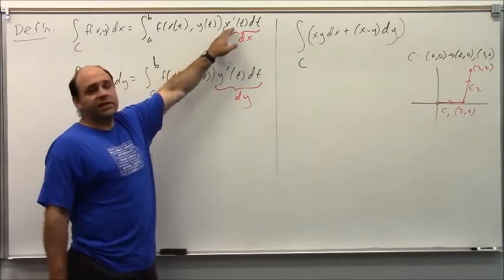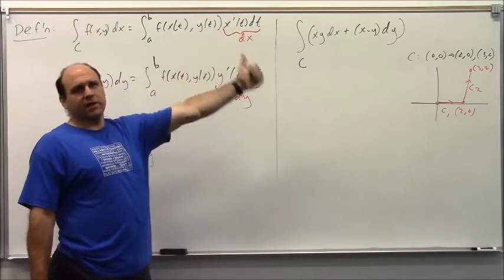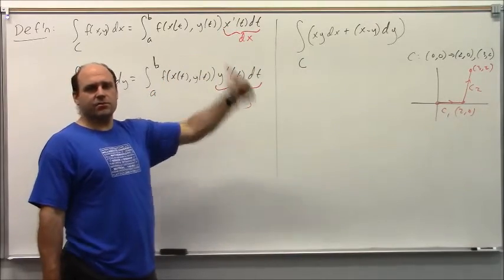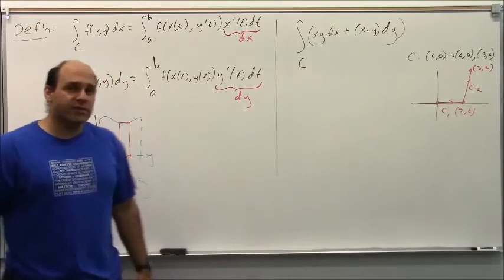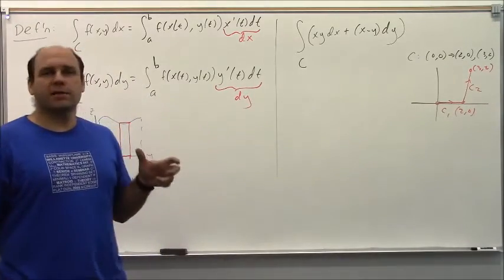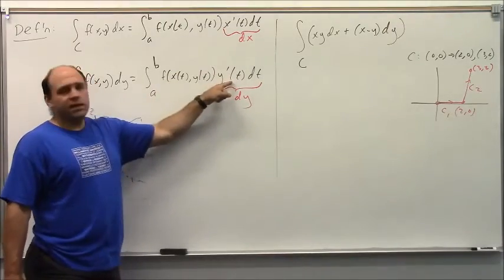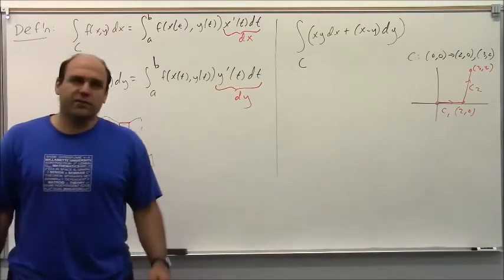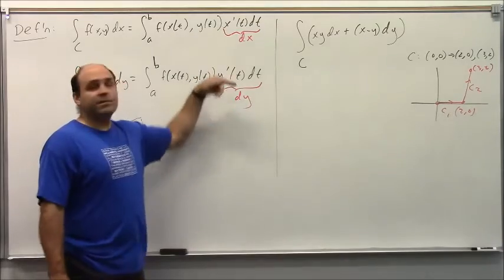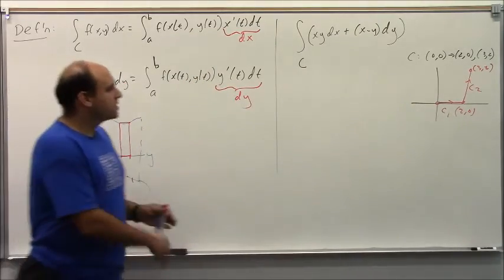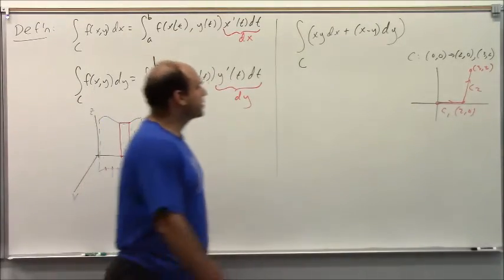The x prime of t can be negative if x is going to the left as t increases. That couldn't happen with ds because ds involves the magnitude of r prime of t. dx and dy do not involve those absolute values, don't involve the magnitude. So they can be negative or positive. So I have to make sure that I'm going in the right direction.